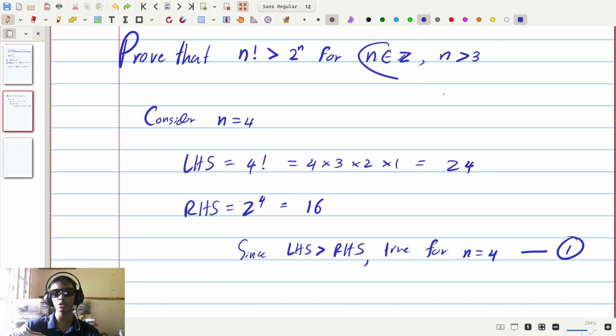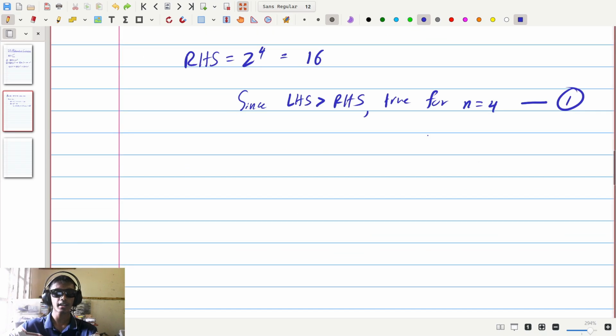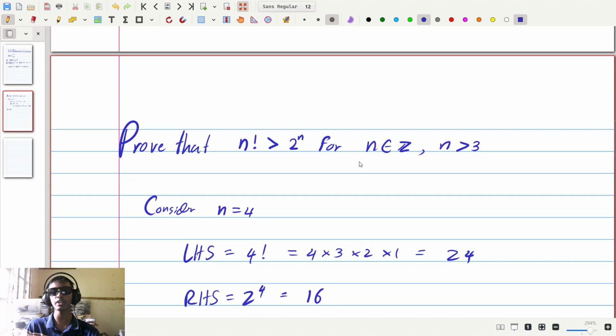So we're going to assume for some element of this set, the statement n factorial greater than 2 to the power of n is true. Given that assumption, we're going to then show that it is going to be true for the next number, n equals that previous number plus 1. So to do this, let's say let n equal p, where p is an element of the set that we want to prove for.